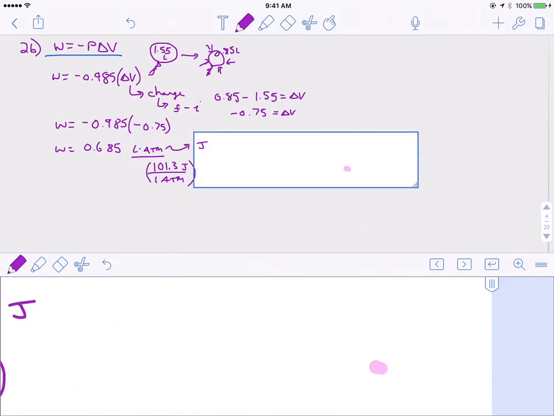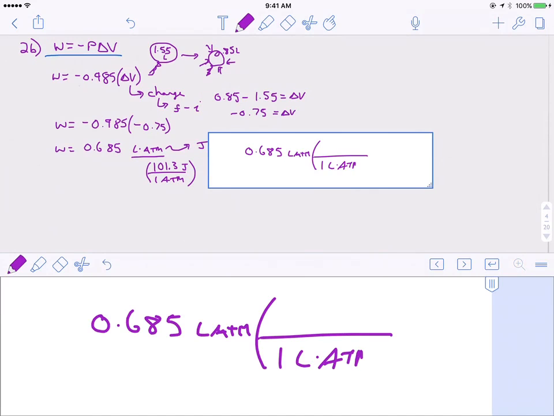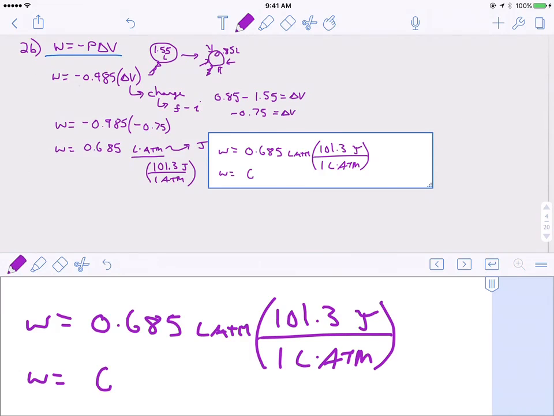We'll have 0.685 liter ATM, times 101.3 joules per liter ATM. And that leaves us with, what is that? 69.8 joules of energy. Awesome.